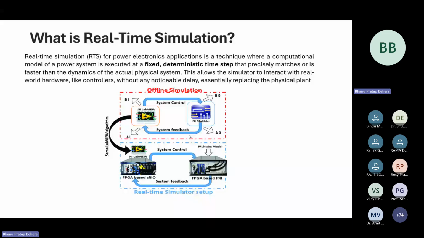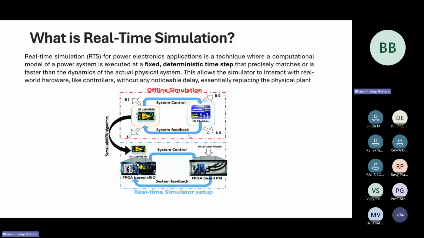The thing is that when you are doing the simulation on simulation software, it is running on your local PC, local computer. In that case the simulation does not match the actual time or actual clock.